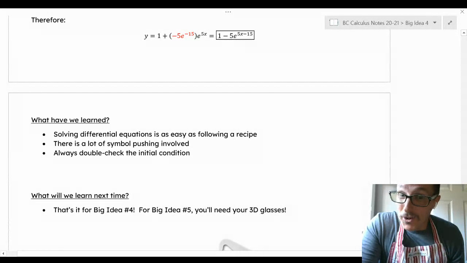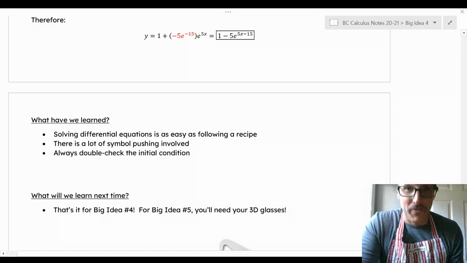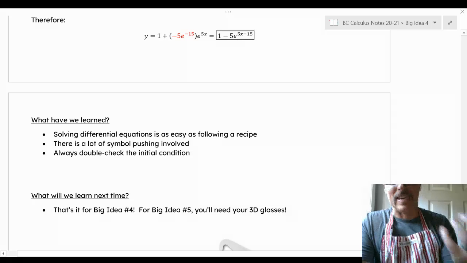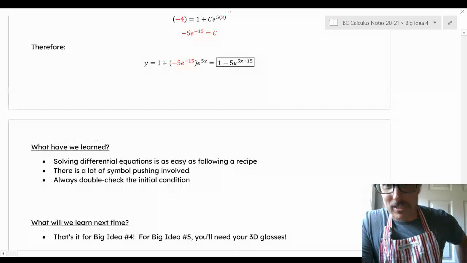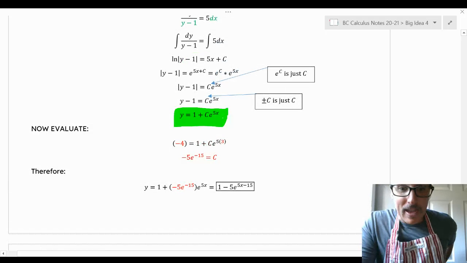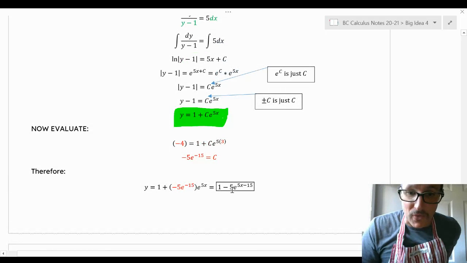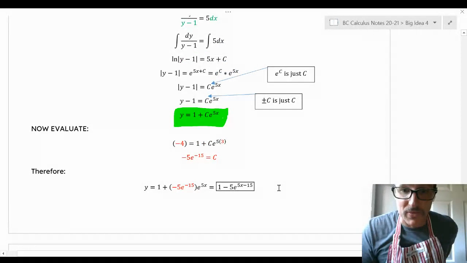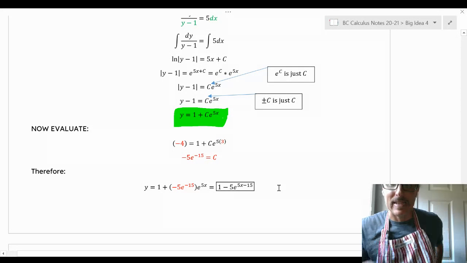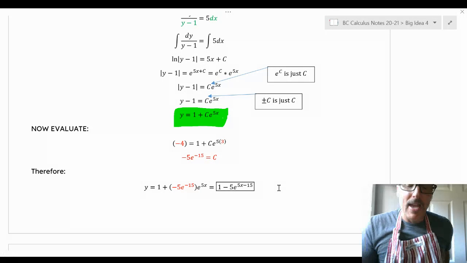Double check your final function to make sure that when you plug in the initial condition, you do indeed get what you wanted to. Like, let me do that right now just as a reminder there. This function here, 1 minus 5e to the 5x minus 15. When I plug in 3 for x, I need to get negative 4 out.